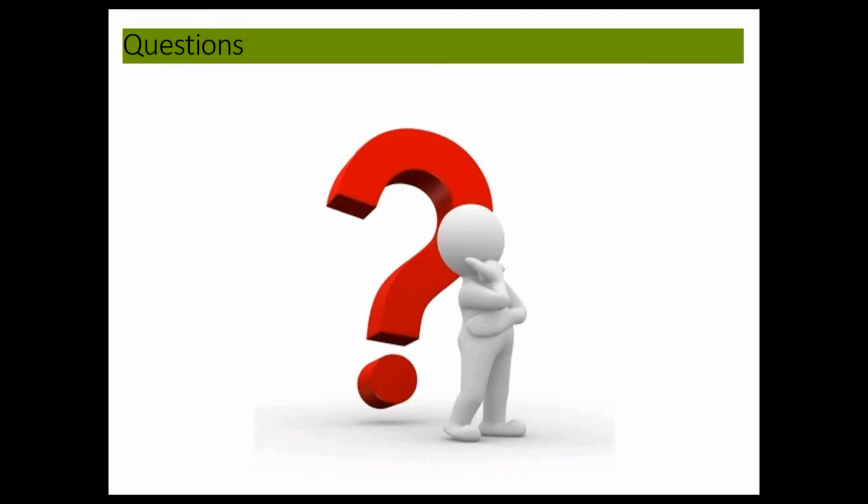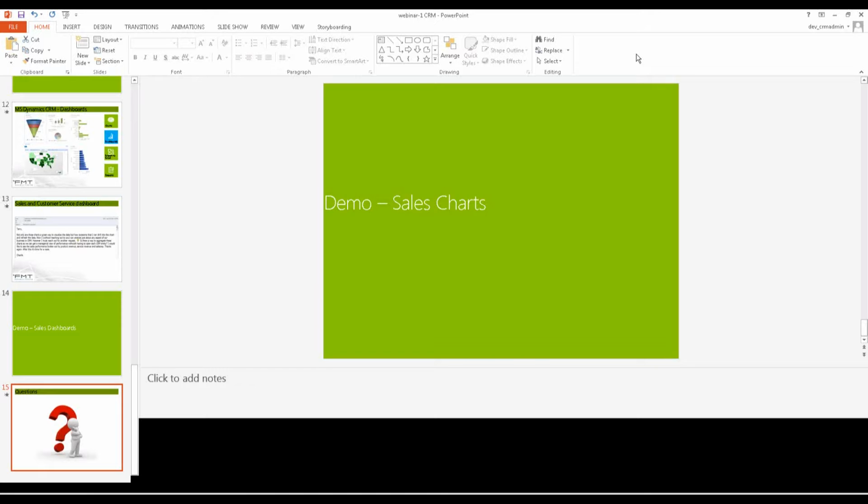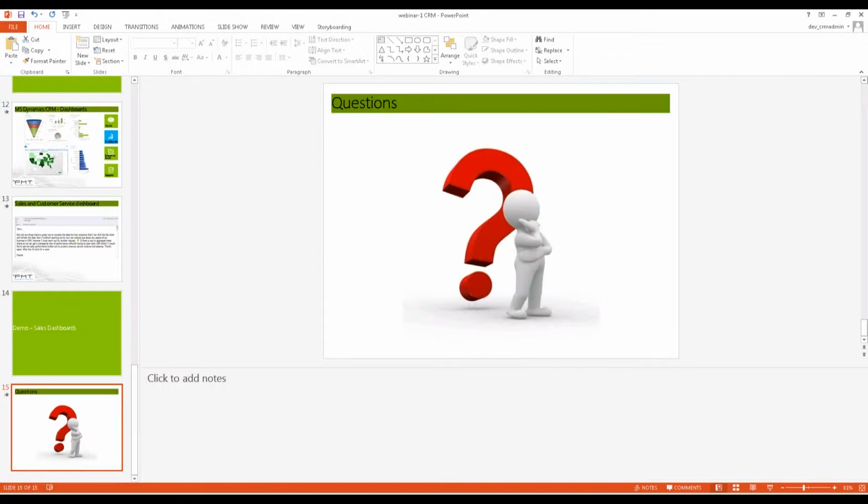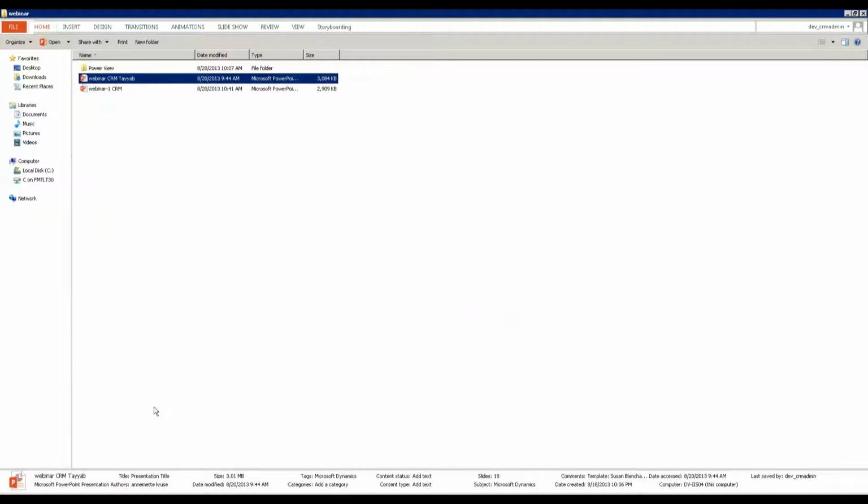I guess we don't have any more questions, so let me show you what we will cover in the next webinar, which is on September 24th. In that webinar, we will export some of the data that we used for our reports and charts, and we will try to link it up with different sources.